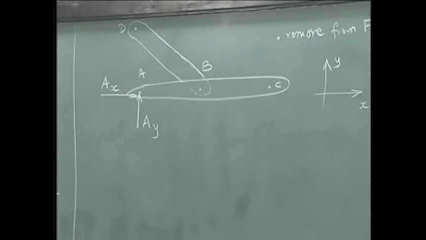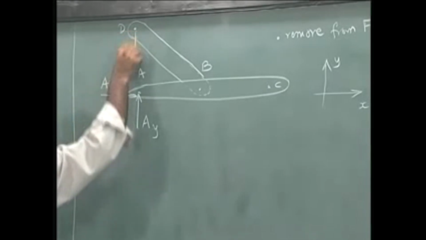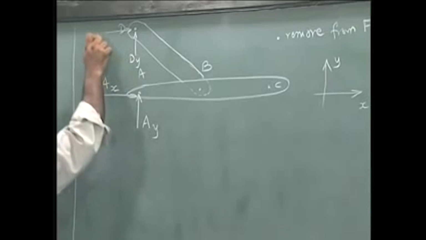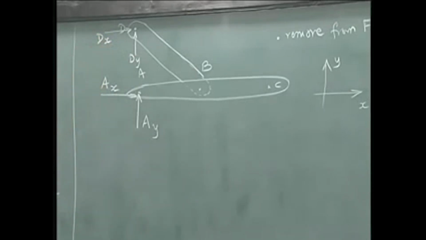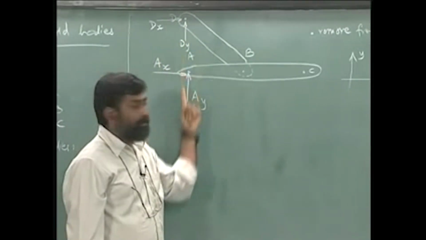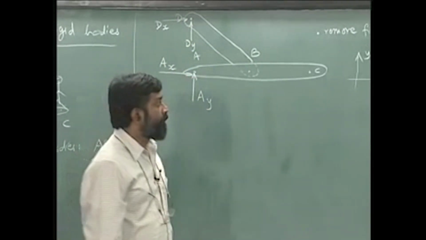If you look at D again, I have a constraint like this and a constraint like this, Dy and Dx, because this point D does not move with respect to the fixed frame of reference. Alright. So looking at this, now I have removed from the fixed frame of reference.